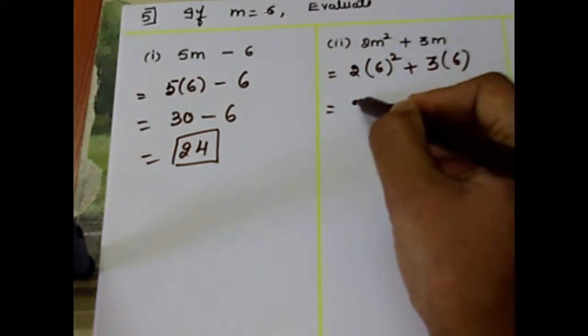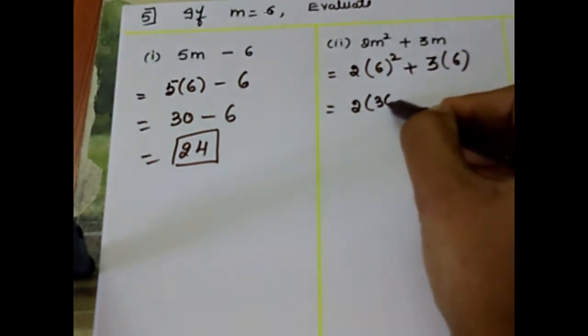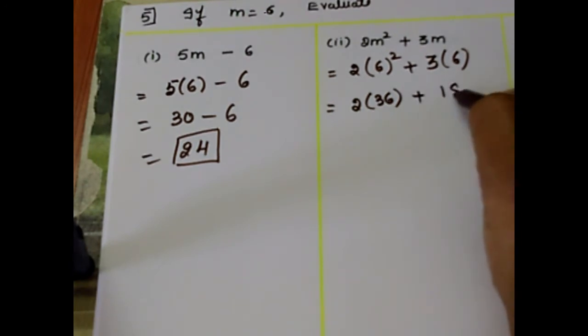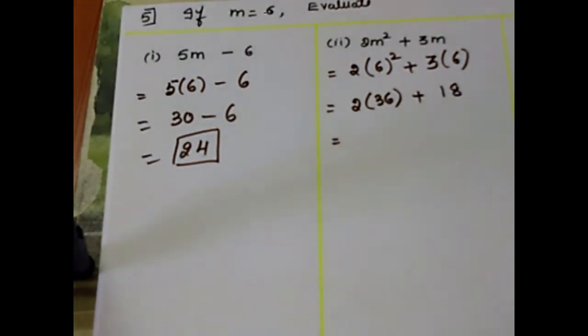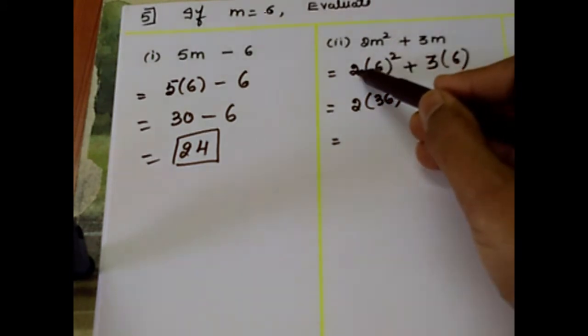Let me keep 2 as it is. What is the value of 6 square? 6 square is 36 plus 3 6s are 18. Okay, do it very carefully, children. Don't multiply 6 2s are 12.